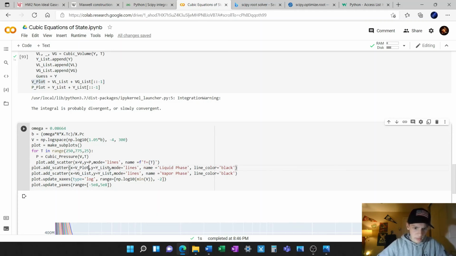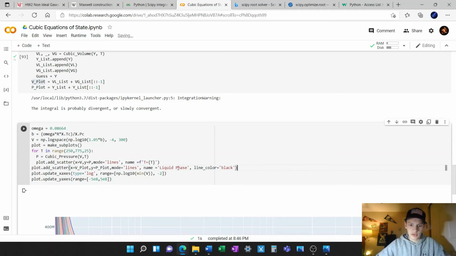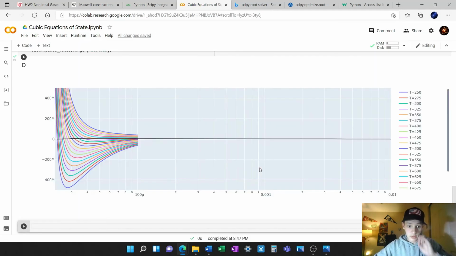And P plot in there. And then now I'm just going to change this name to two-phase envelope. And yeah, since we have the white background, all this stuff should be visible. All right, awesome. So this is much, much better.